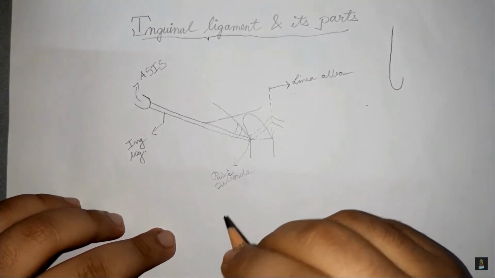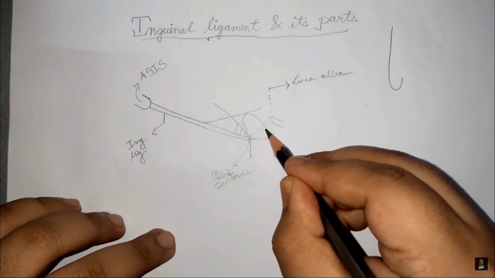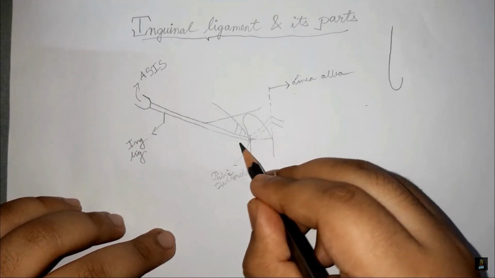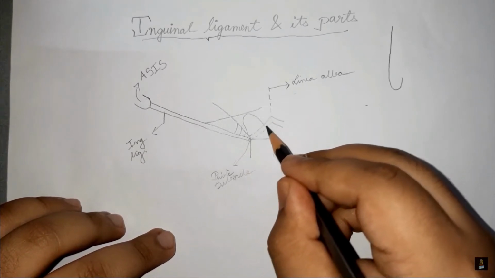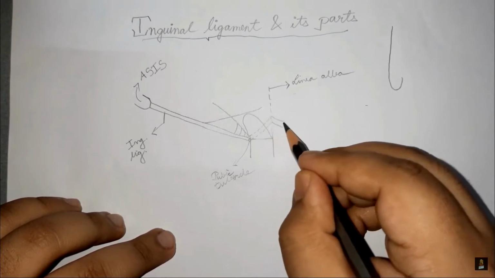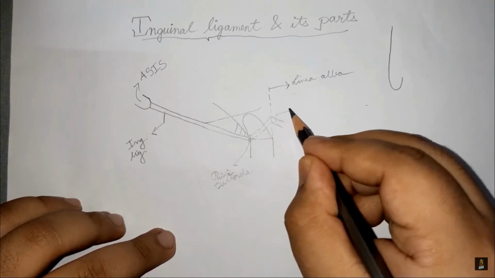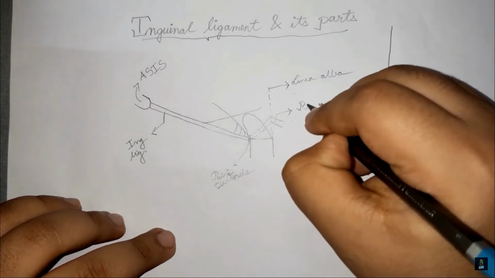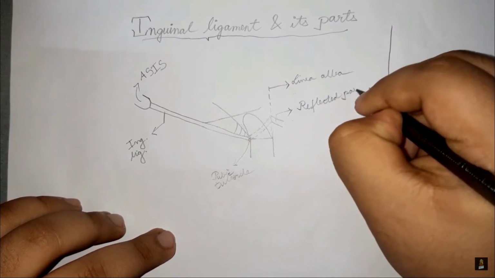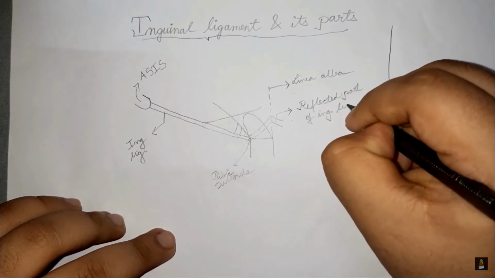These fibers start from the pubic tubercle, arch upwards and medially, and are then continuous with the opposite sided fibers. These are what we call the reflected part of the inguinal ligament.